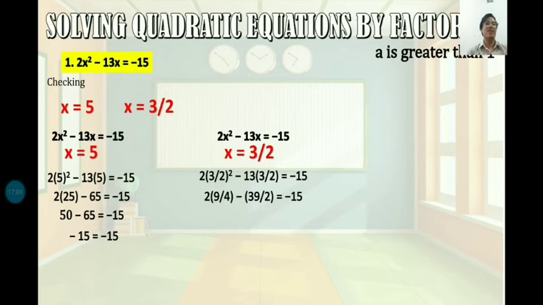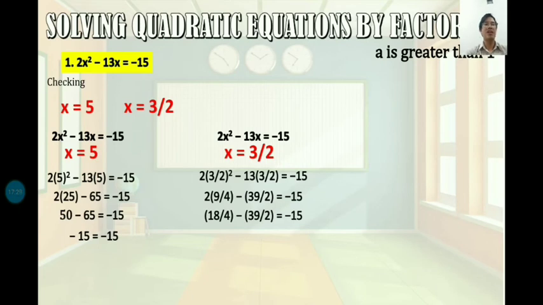So minus 13 times 3 is 39, then copy the denominator, which is 2. Now, let us continue. 2 times 9 equals 18. Copy the denominator 4. Minus 39 over 2. Is that equal to negative 15?